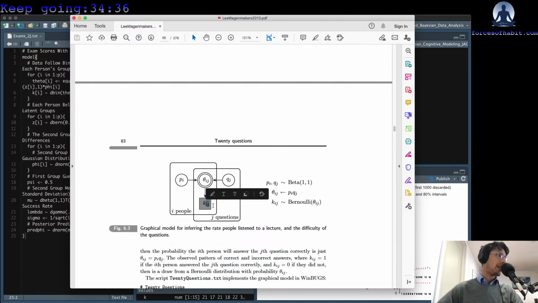So k sub ij. So those belong to both of the squares here. Right? So that's how that's supposed to be interpreted. And then we have these two rates. It looks like rates, betas.